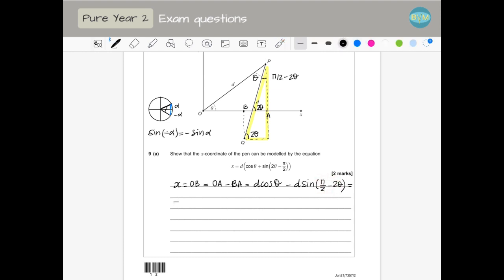So I can write that this is D times cos theta plus sine of 2 theta minus pi halves. Yeah, and this is what we have to find. So I just take the D outside, plus sine 2 theta minus pi halves.